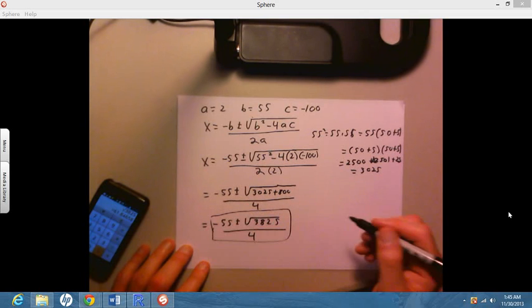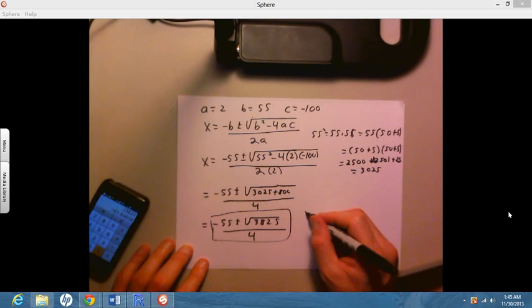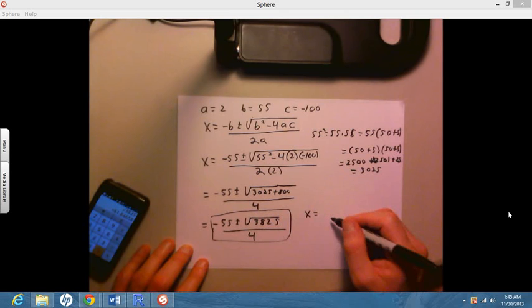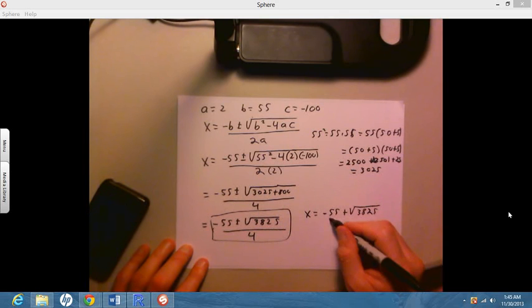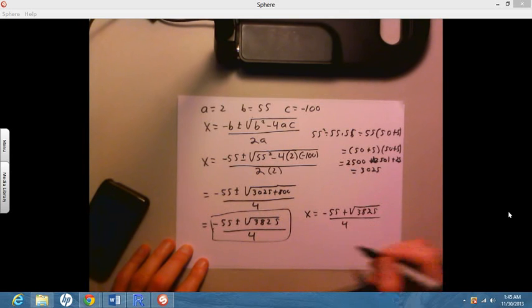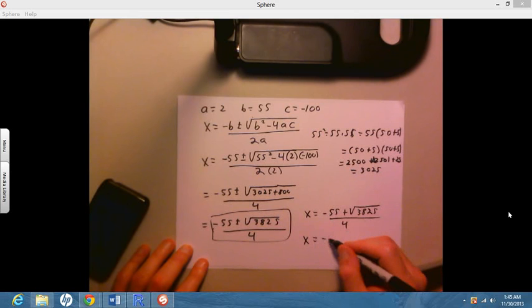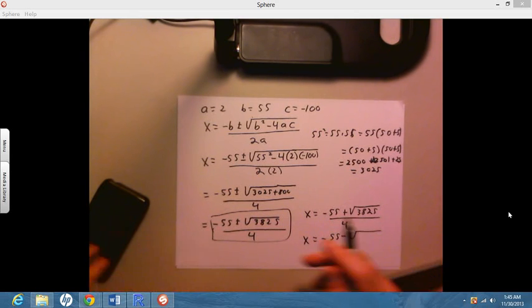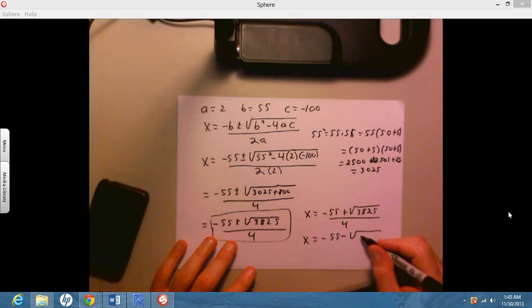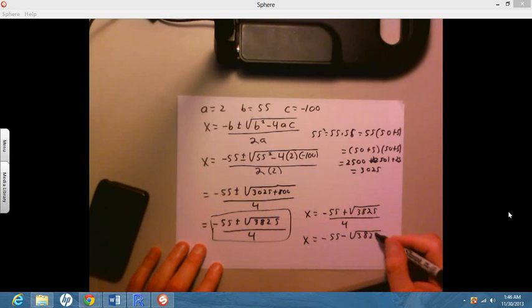Now there's a plus or minus, so we can write our solution separately, and we can say x is equal to negative 55 plus the square root of 3,825 divided by 4, and x is equal to negative 55 minus the square root of 3,825 all divided by 4.